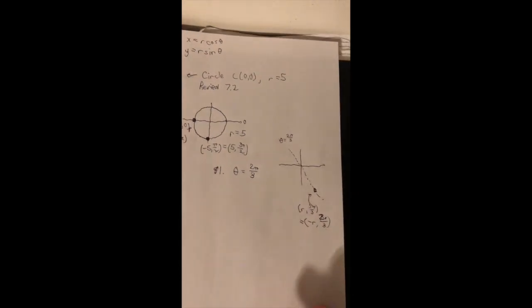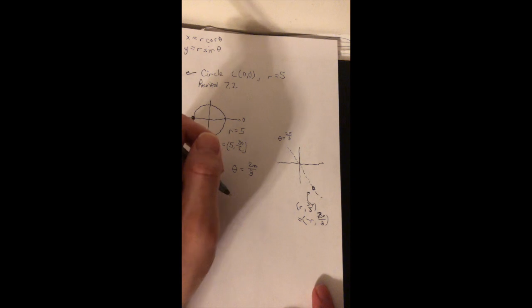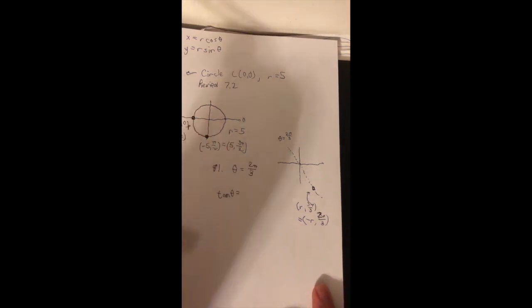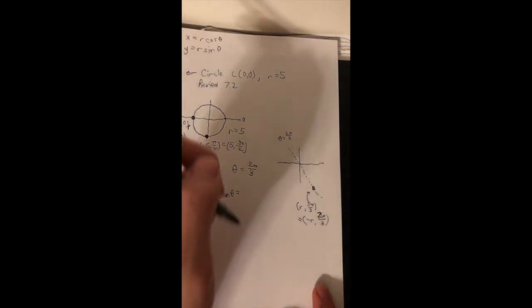So theta equals 2 pi over 3. How do I relate theta with y and x? Well, I look back at my equations and I remember that the tangent of theta equals y over x. So I know that tangent of theta is going to be tangent of 2 pi over 3.